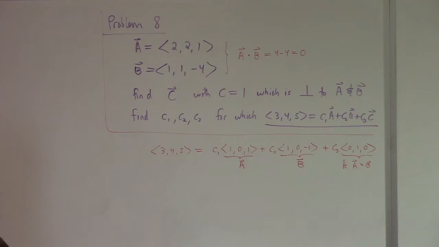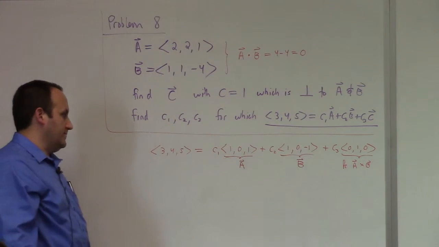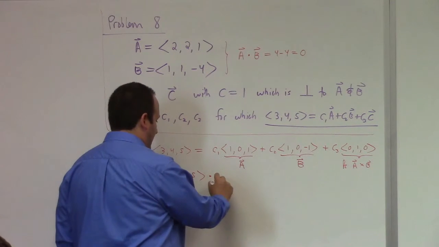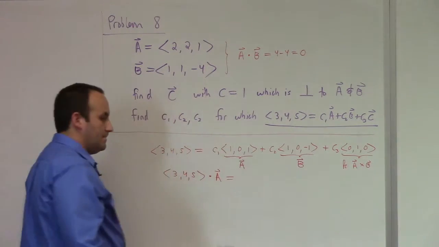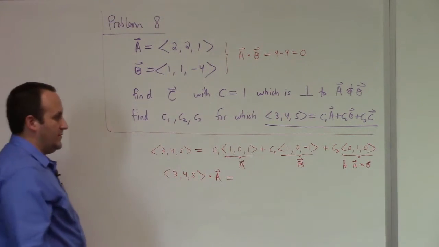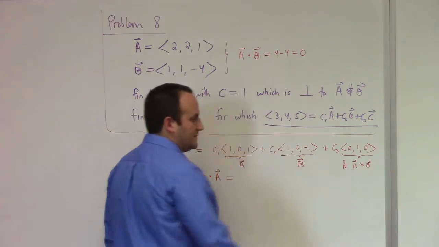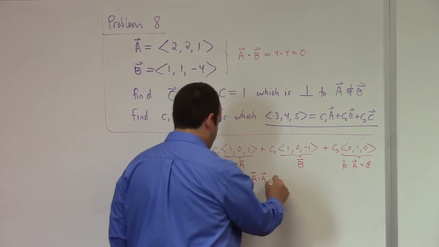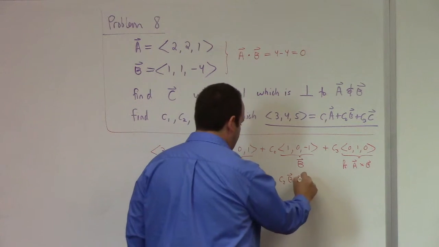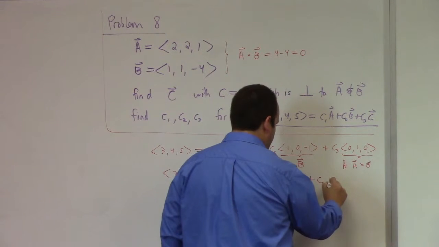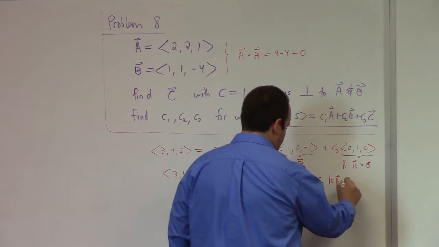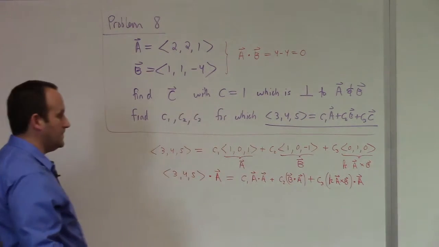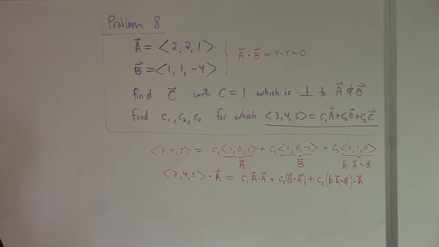Okay, how do you find C1, C2, C3, right? How about this? If I take 3, 4, 5, and I take the dot product with A, what does that give me? What happens to this piece and that piece? I'll write it out symbolically, okay? Right.